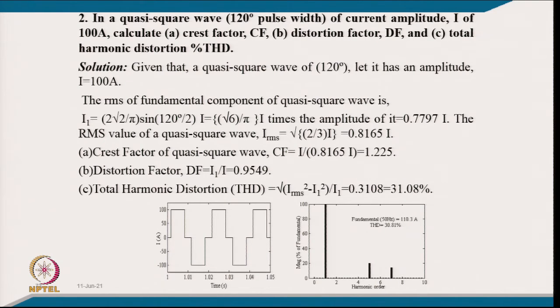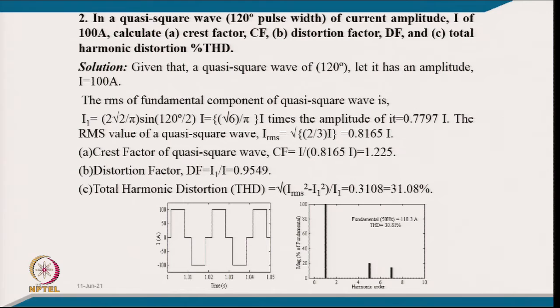Given a quasi square wave of 120 degree pulse width duration with an amplitude of I equal to 100 ampere, the RMS of the fundamental component of the quasi square wave is I1 equal to 2 root 2 by pi, which comes from 4 upon pi divided by root 2 into sin of the pulse width 120 by 2, that is sin alpha by 2.